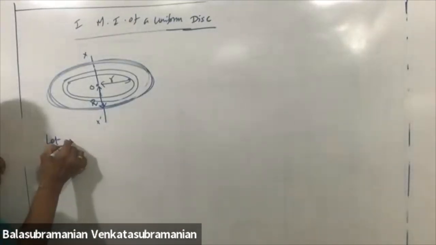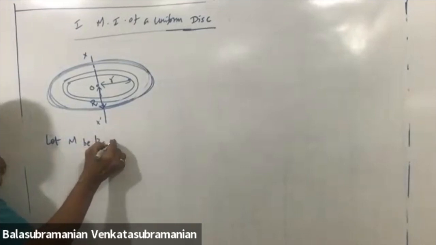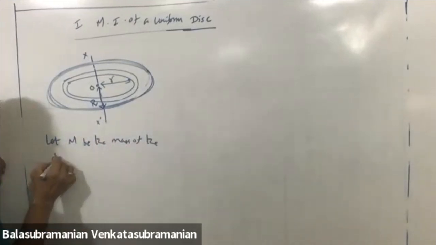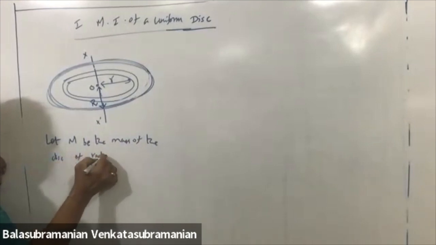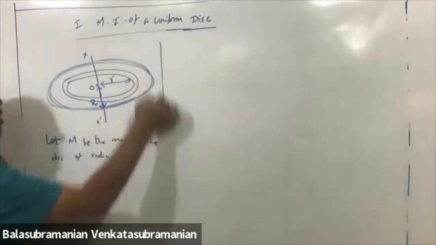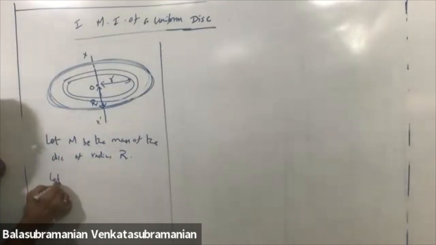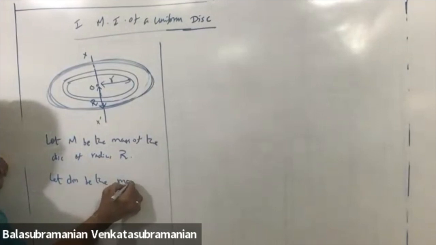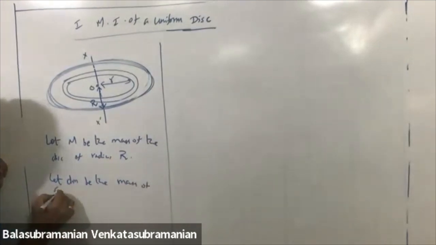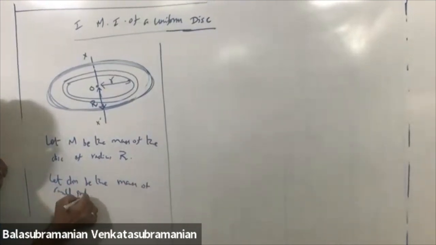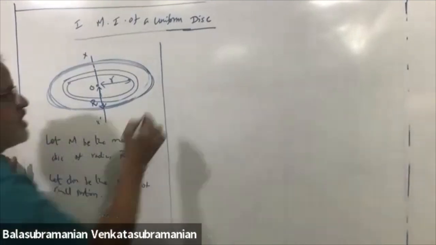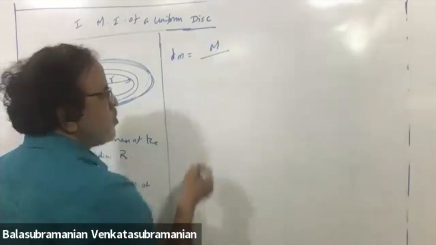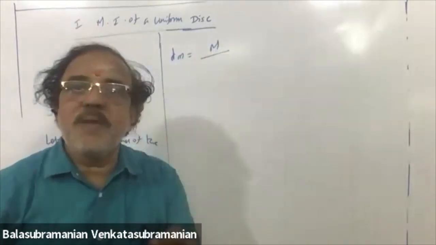So, let m be the mass of the disc of radius r. Let dm be the mass of the small portion. That is, dm is equal to mass by area into the small portion area.